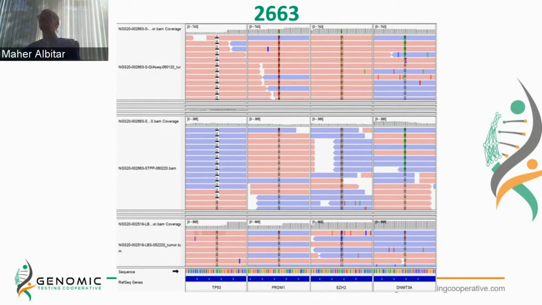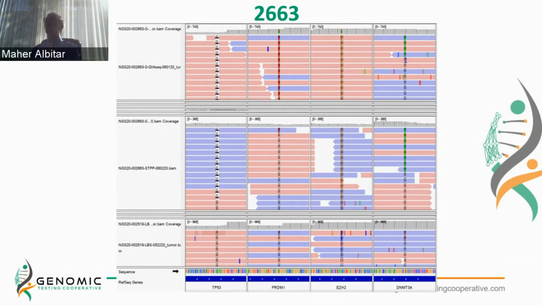And this case actually didn't have any mutations in the peripheral blood when we did the peripheral blood on this patient. This is to show you the mutations in the tissue detected in the DNA and the RNA in the first and second panel. But if you look at the third panel, you see some mutations, but they are not relevant.